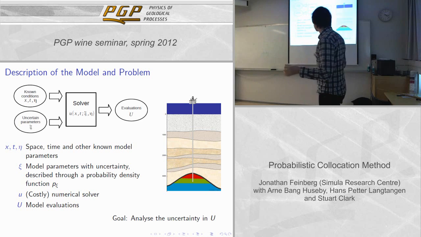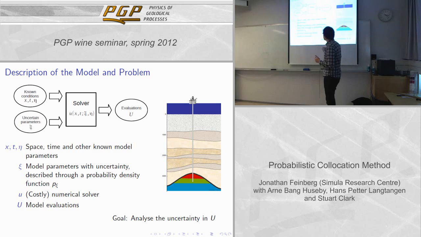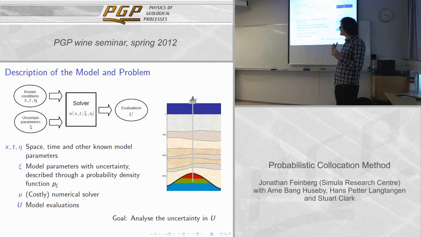Things like that can be incorporated into probability. So expert opinion can be interpreted into probability density functions. And when we have that, the idea is that we want to insert all of this into a solver and analyze what gets out on the other side.